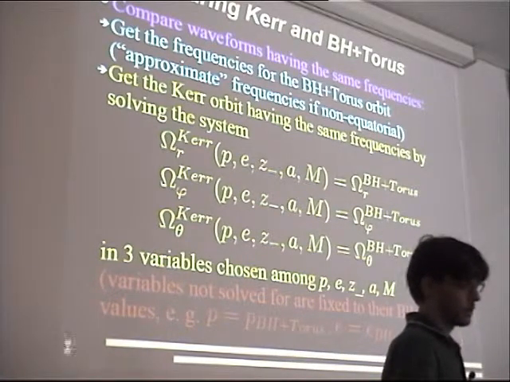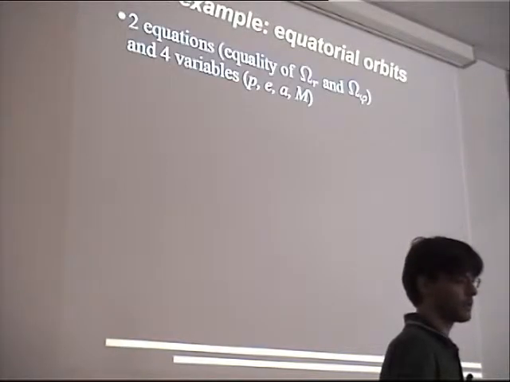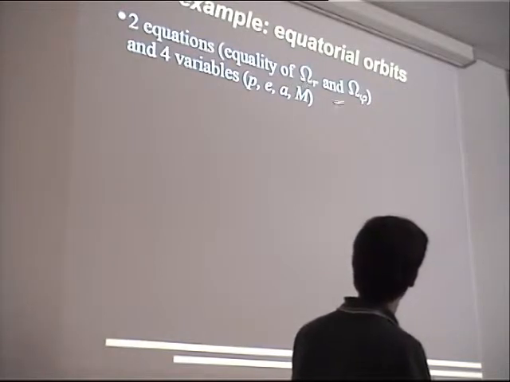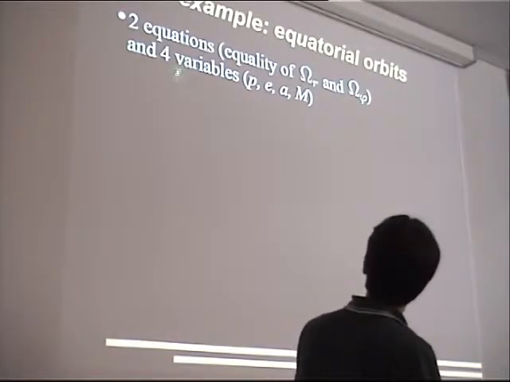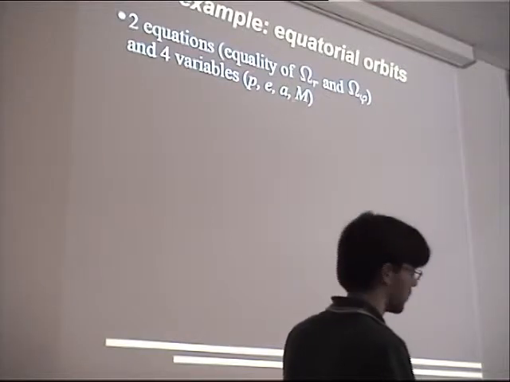Let me make an example to make things clearer. If you consider equatorial orbits, you have 2 equations, that is, equality of omega r and omega phi, and 4 variables to solve: the eccentricity and latus rectum of the orbit, and the spin and mass of the Kerr black hole.